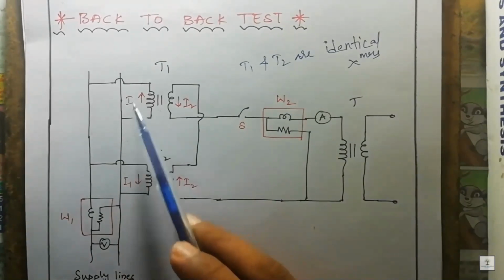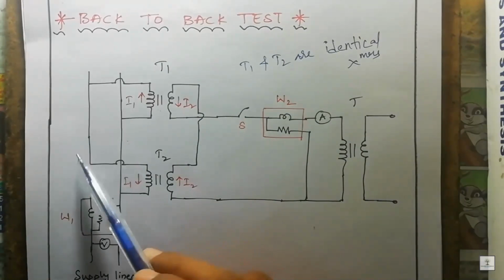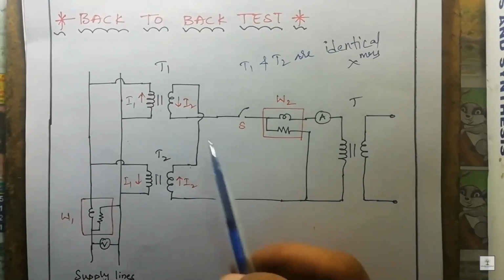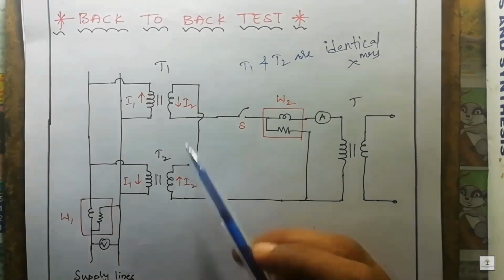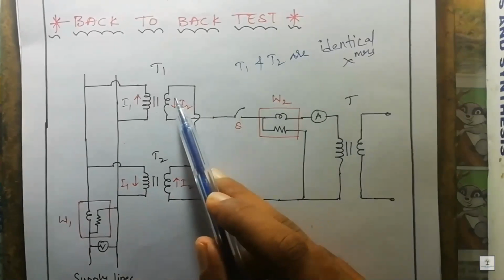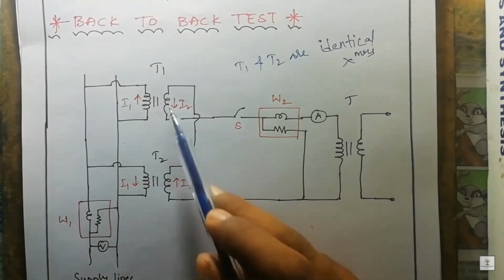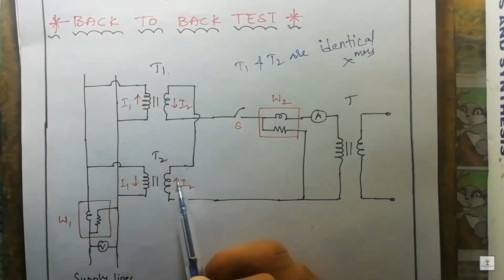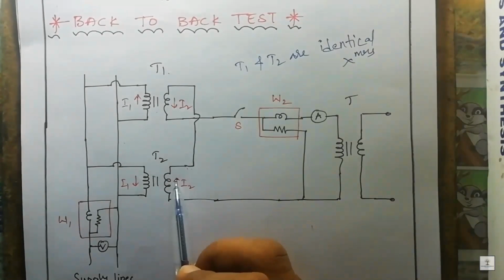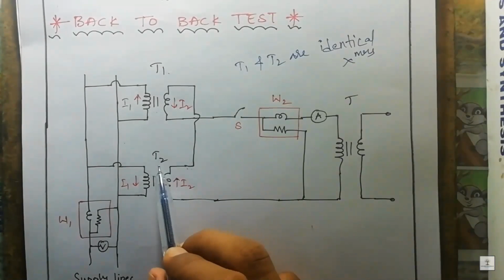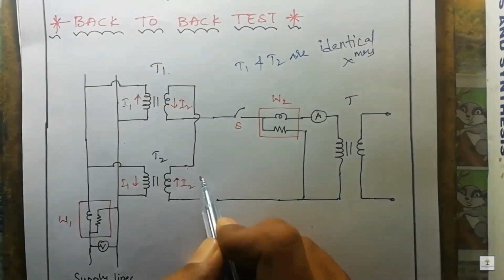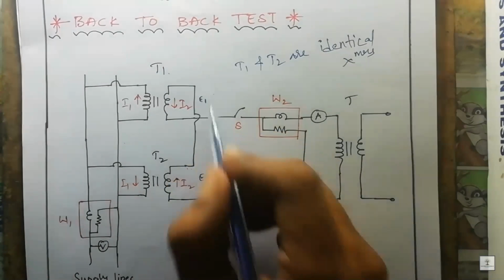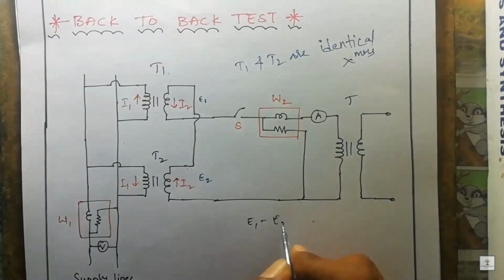The primaries of the two transformers are connected in parallel to the supply lines, and the secondaries are connected in series, in such a way that the EMF induced in the secondary of T1 will oppose the induced EMF in the secondary of T2. So if it is E1 here and E2 there, the resultant will be E1 minus E2 equal to 0.